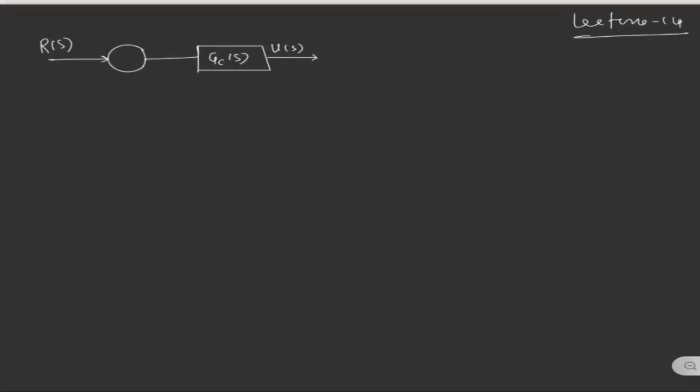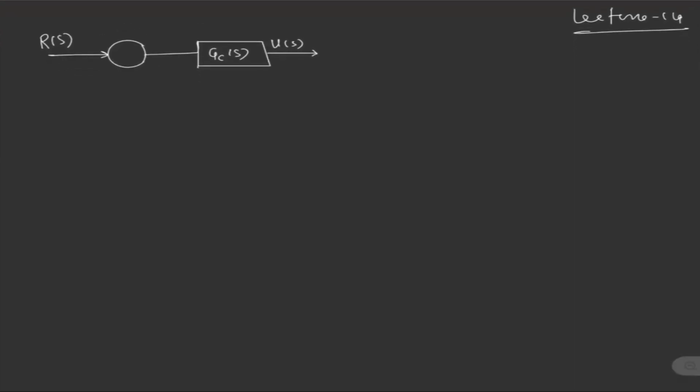And this control, before it goes to the system, we had also the disturbance, D of S, and the summed output was going to the plant.